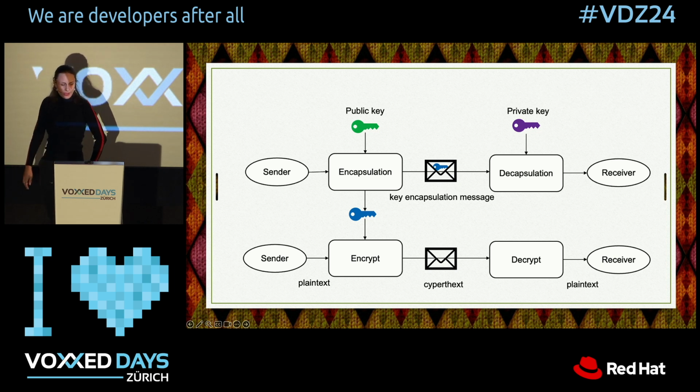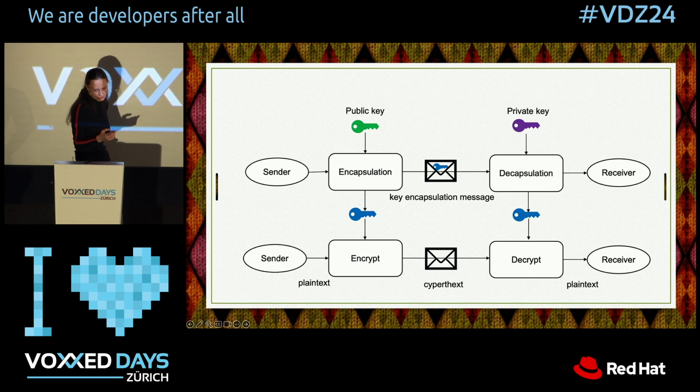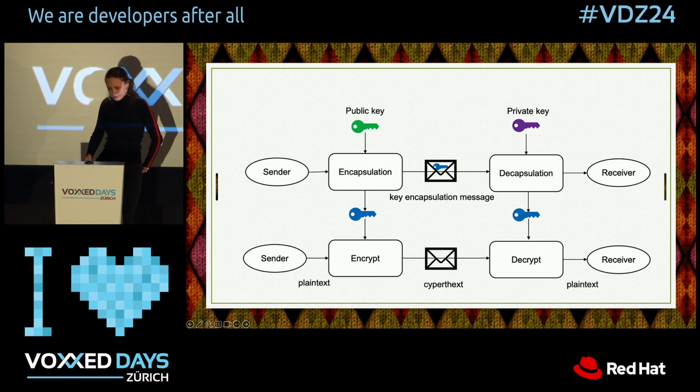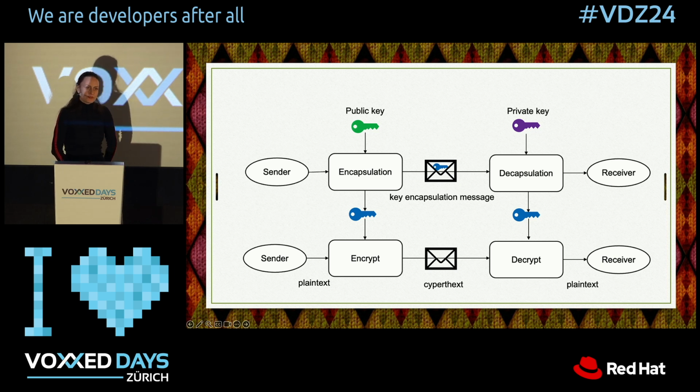And lastly, the receiver decrypts the encapsulation with its private key and can look at the encapsulated key thanks to that. So you can use KEM to first transmit the shared symmetric key, and later use it to efficiently encrypt data using the symmetric algorithm. So it has two steps.